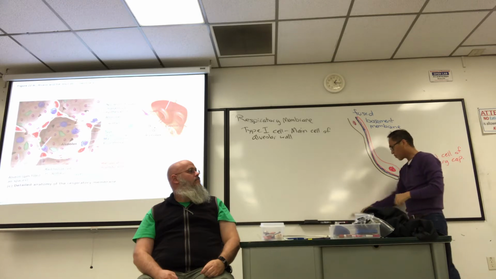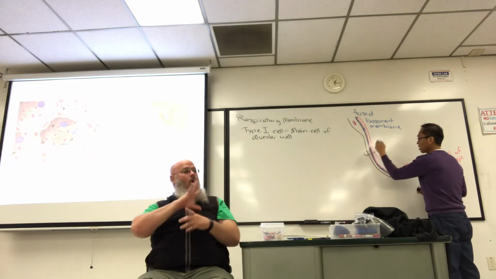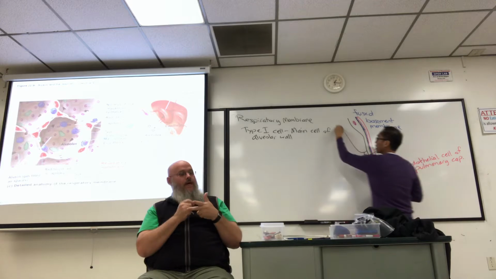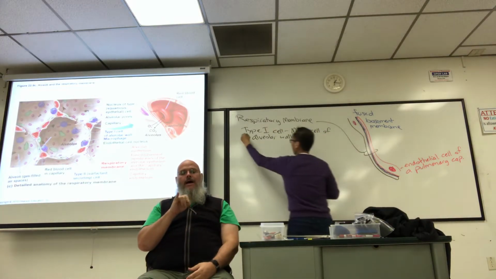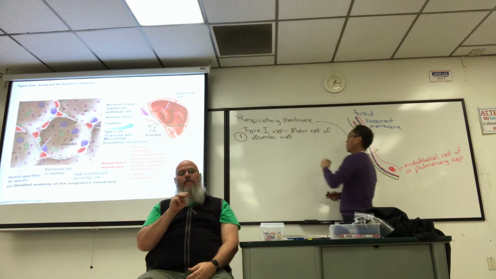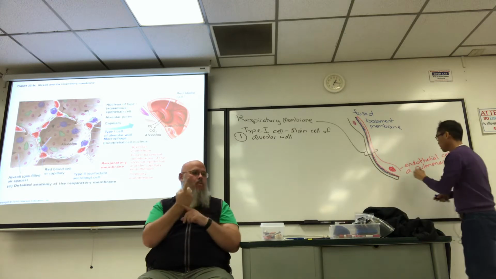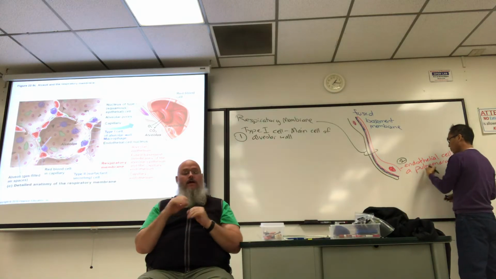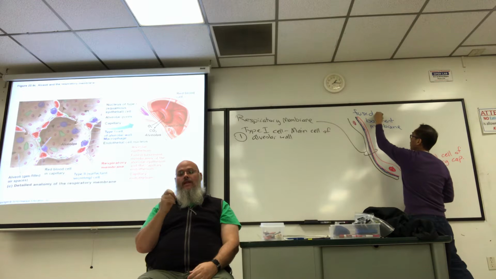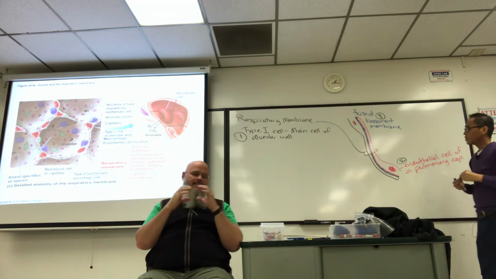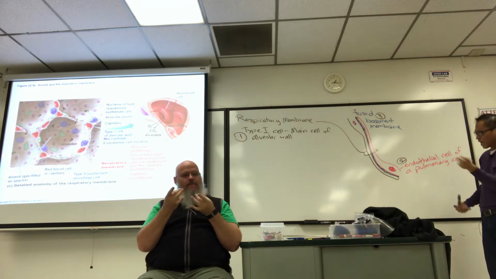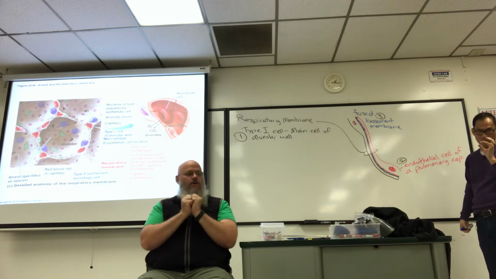Put all that together, 1, 2, 3, is the respiratory membrane. Number 1, the type 1 cell. Number 2, the endothelial cell from the blood vessel. And number 3, the thing that fuses them together. So that way, blood can exchange across that very thin membrane.